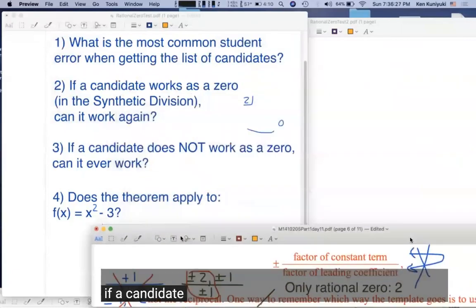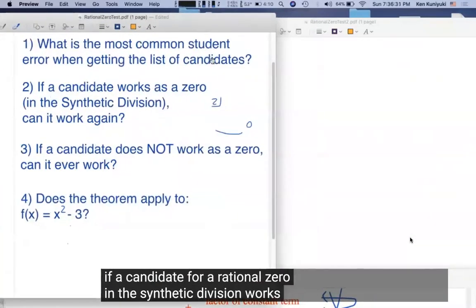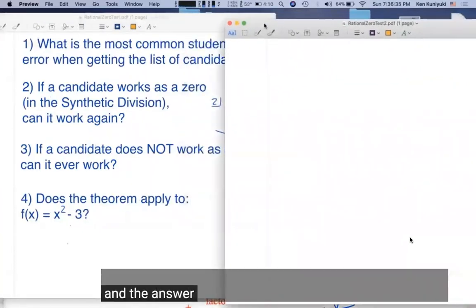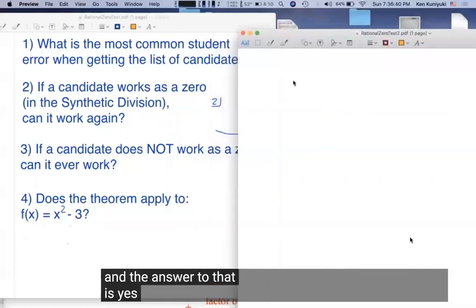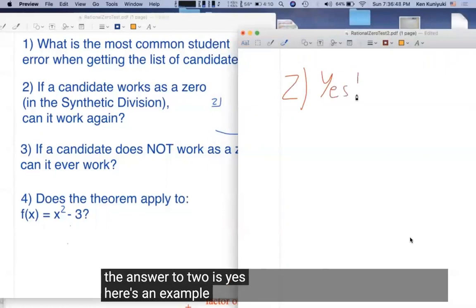If a candidate for a rational zero in the synthetic division works, can it work again? And the answer to that is yes. Here's an example.